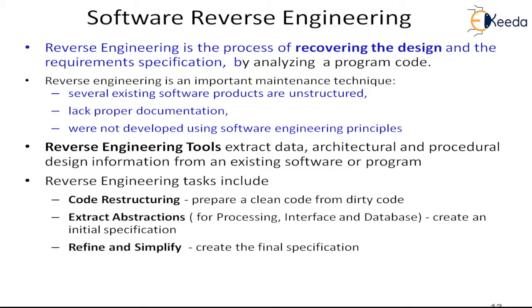You have to refine and simplify it. You have to keep reviewing it, simplifying it, and refining it until you have created a final specification. When you determine the final specification, your reverse engineering is complete, because you have recovered the requirement specification as well as the design.